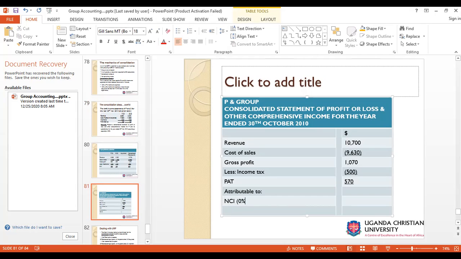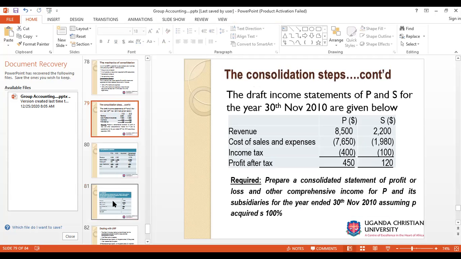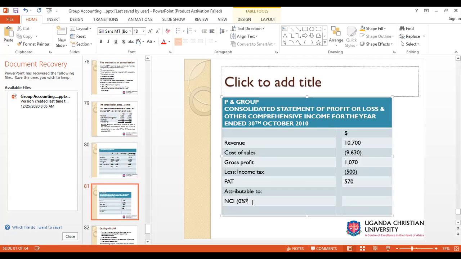So we can show 0% of 120, which is obviously 0. Then attributable to the parent, it is the difference between 570 and 0, and that is 570.